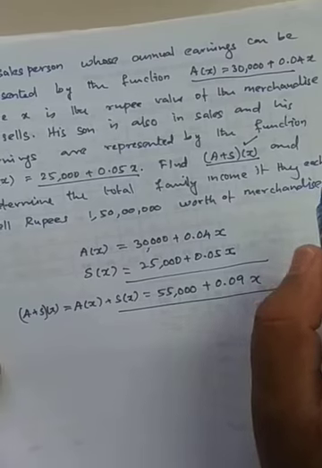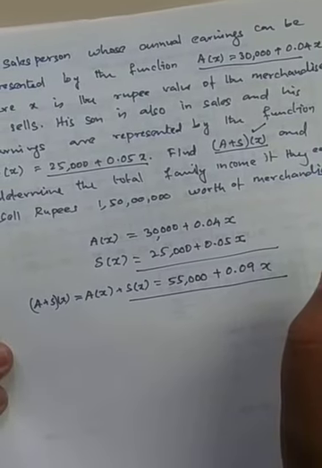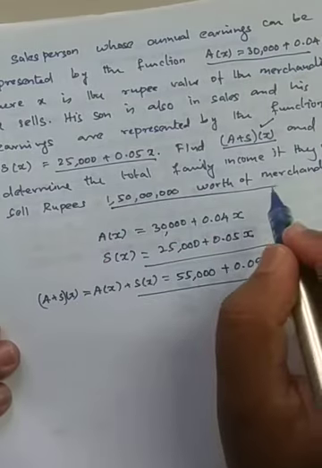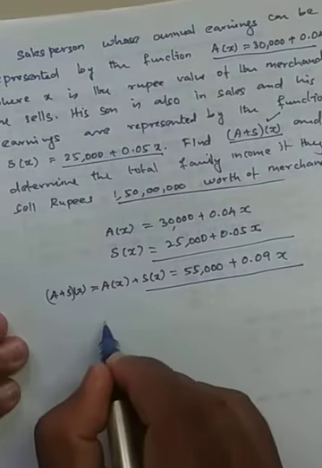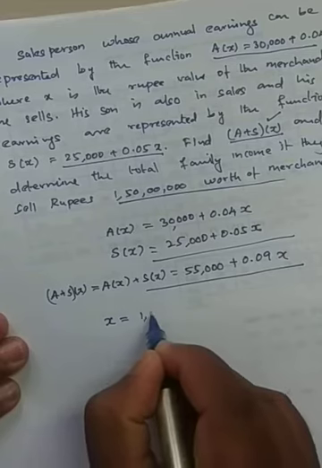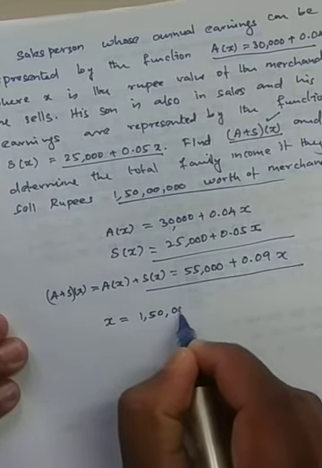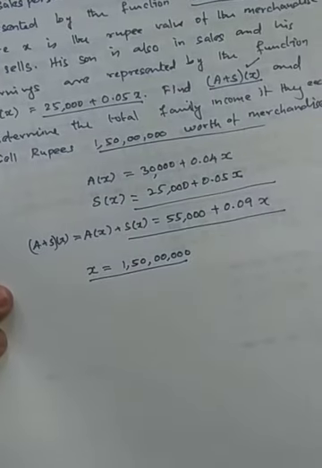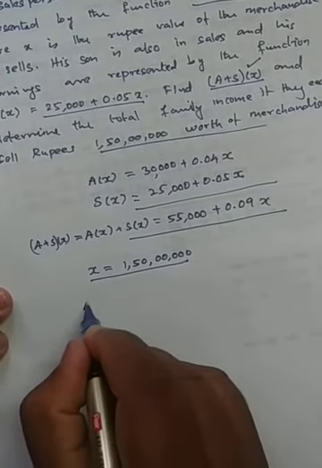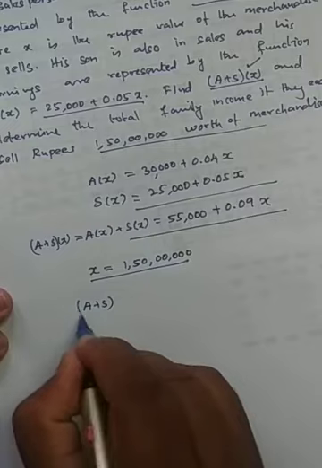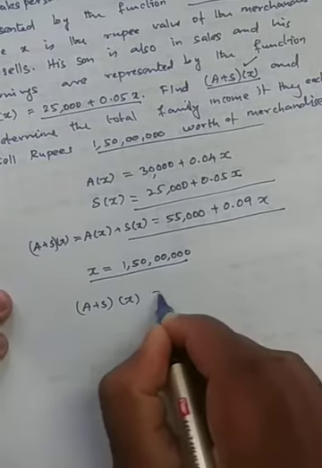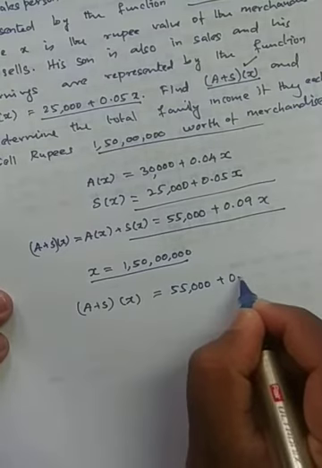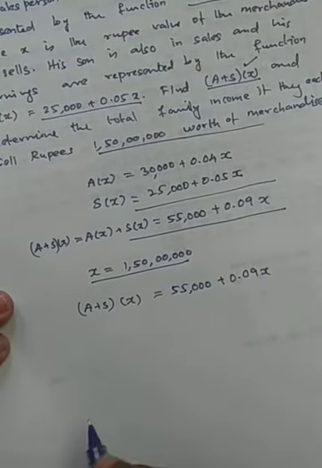Here the worth they have taken is 1 crore 50 lakhs, so the x value is 1 crore 50 lakhs. You just substitute in this function, a plus s of x, which is 55,000 plus 0.09x.